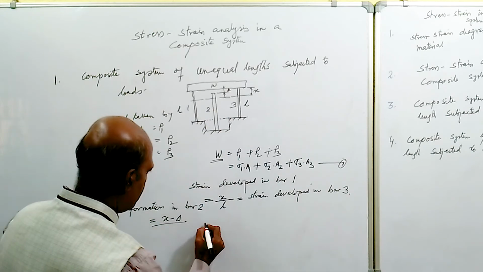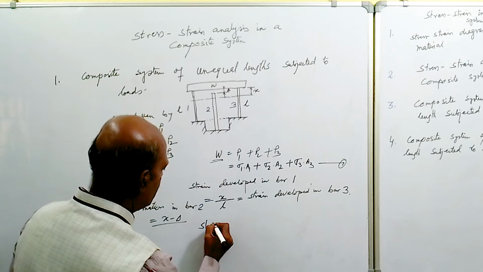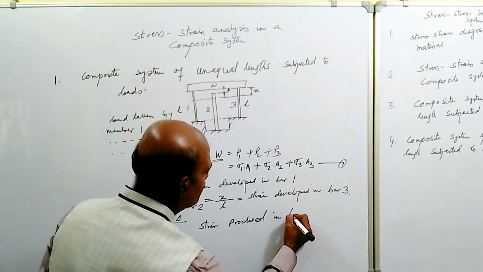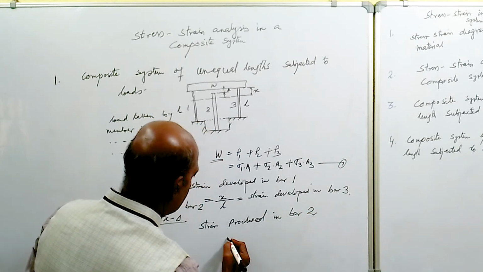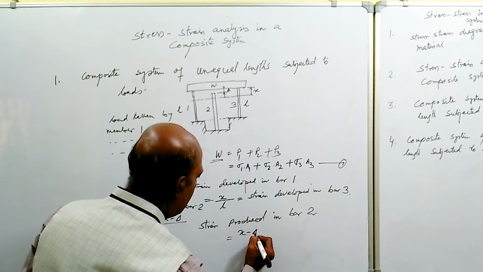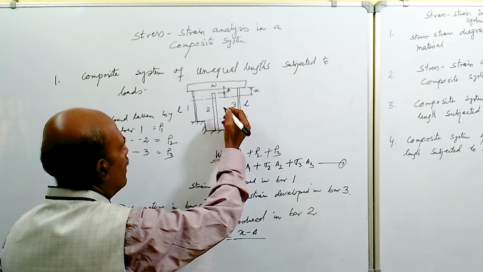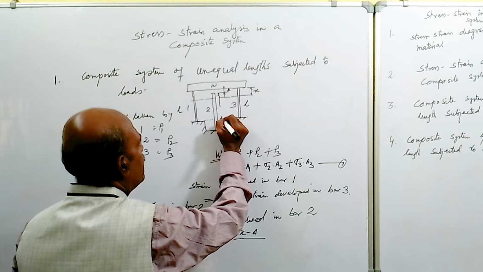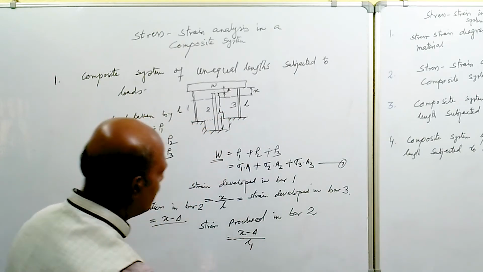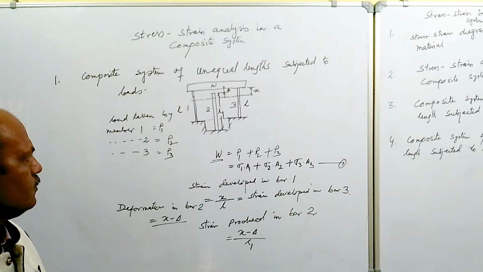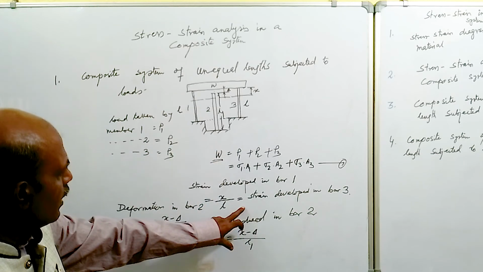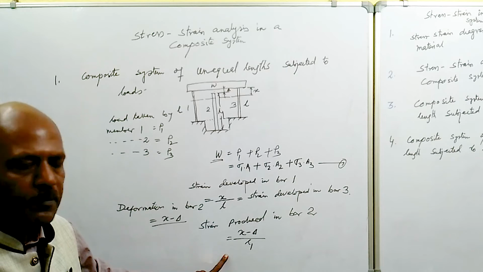Thereby the strain produced in bar 2 is equal to the deformation, x minus delta, divided by the length, which is not equal, say L1. So we have got the strain developed in bar 1 and bar 3 as well as bar 2.